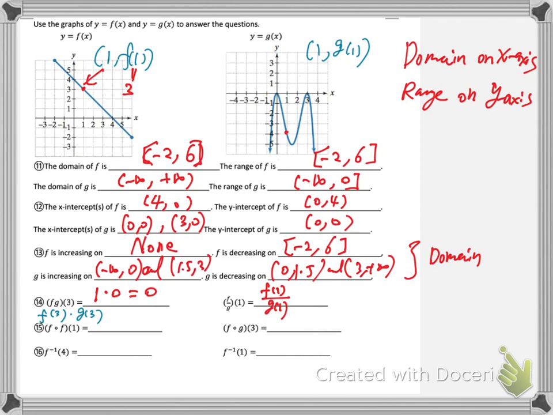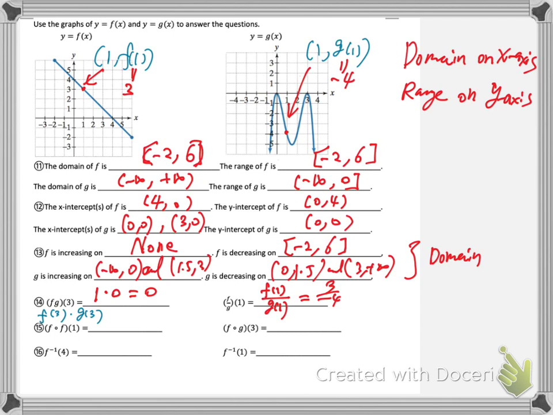It's here, (1, -4), so this is -4. So 1 goes to 3, and g is -4. So this is 3 over -4. That's the structure of the point.